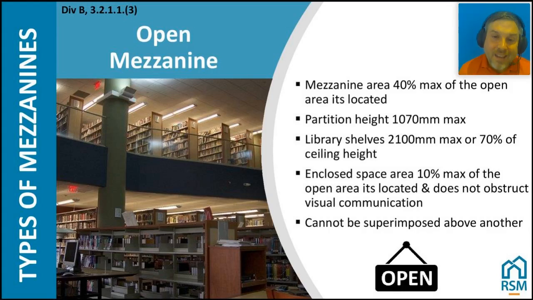And it can't obstruct visual communication. So the idea is that yes, you could have it in the back corner somewhere, 10%, but you couldn't put it out near the front of that open mezzanine. That would obstruct somebody seeing below. I think that's the idea of these open mezzanines, that they're allowed to be a lot larger, because not only can people see what's going on below, people can hear what's going on below, and people can also smell what's going on below.